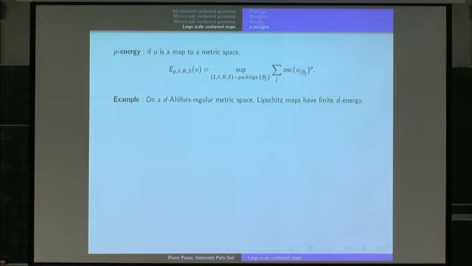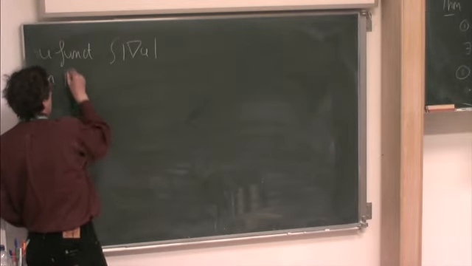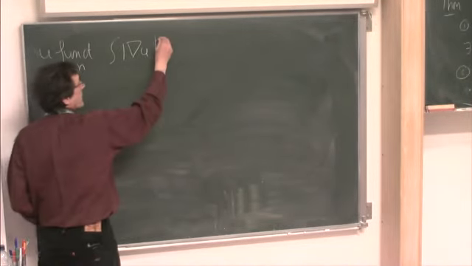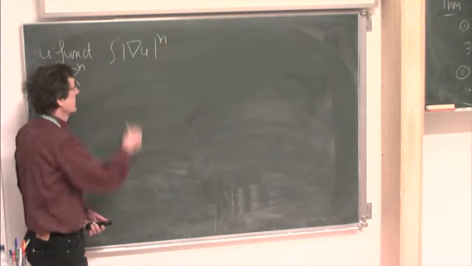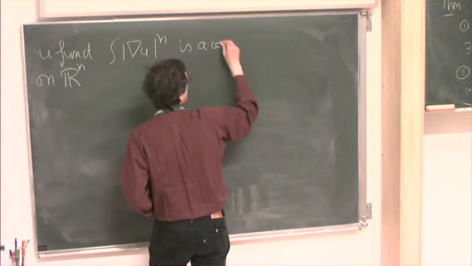So what I have in mind is that when you take a function u, let's say on Rn, the nth power of the gradient, once integrated, is a conformal invariant.